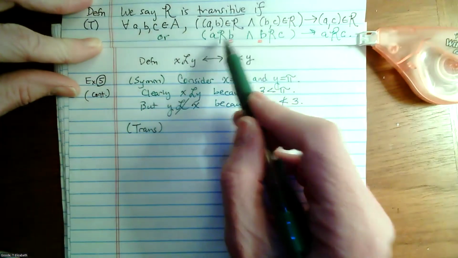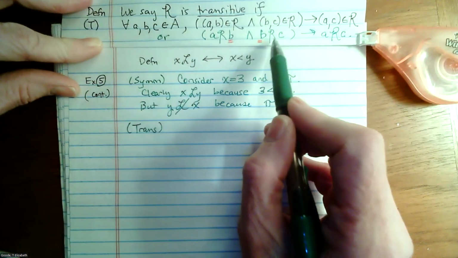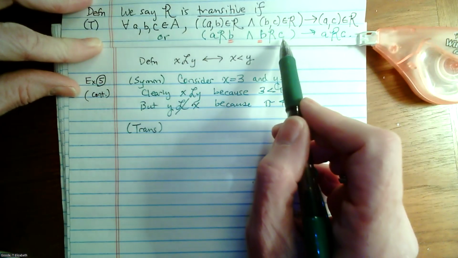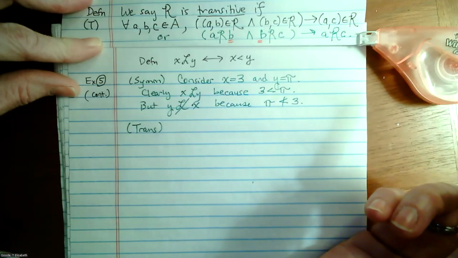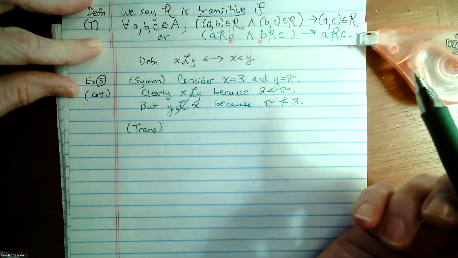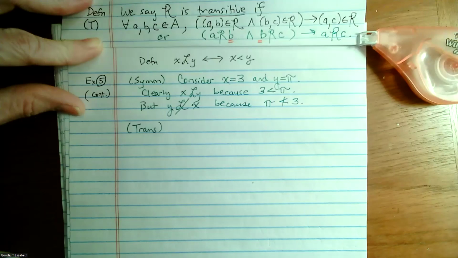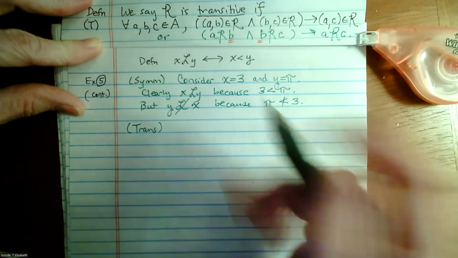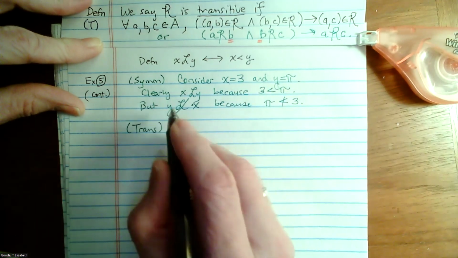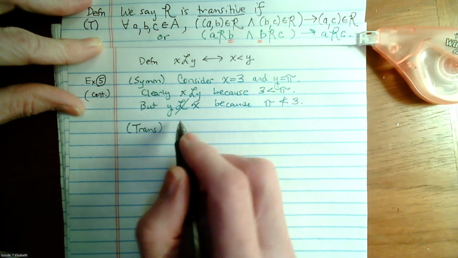If X is less than Y and Y is less than Z, are we going to be able to say X is less than Z? Yes. Yeah, we do it all the time because we understand what it means for a real number to be less than. It means it's to the left on the number line. So we're going to prove this one.